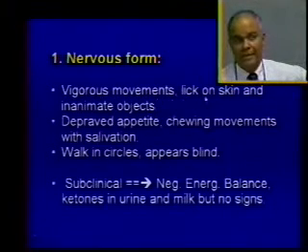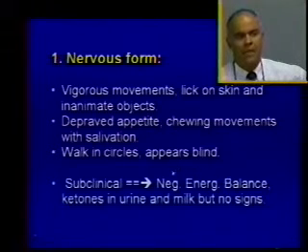Some of these animals tend to lick the skin or inanimate objects such as the pipes. There's a depraved appetite, chewing movements with tremendous salivation. The animal may walk in circles and may even appear to be blind, disoriented, stargazing, as sometimes they call it.